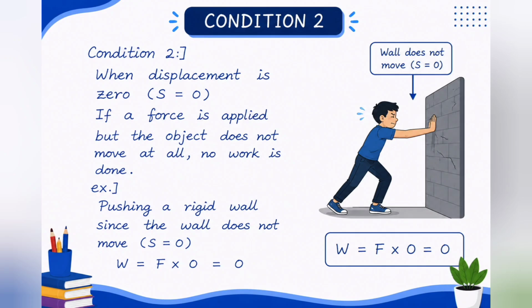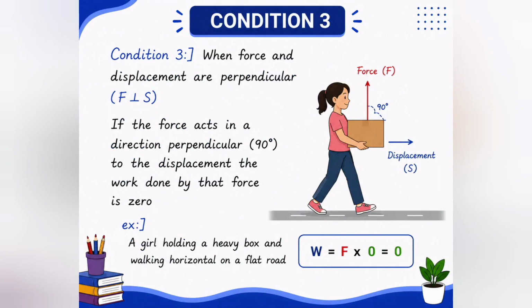Okay? Now, let's understand the third condition. Sometimes the force and displacement are perpendicular to each other. I already taught you that W equal to force into displacement. That means they make an angle of 90 degree. In this case, the work done is 0.